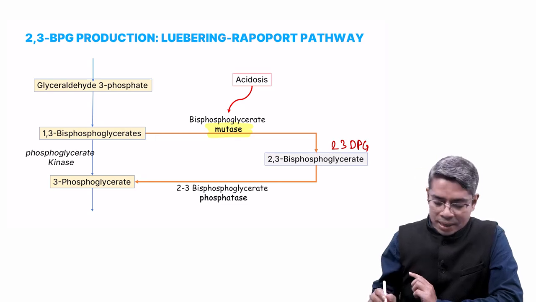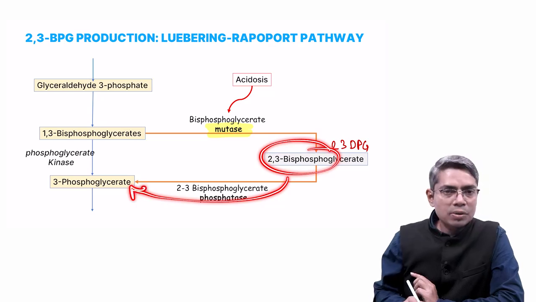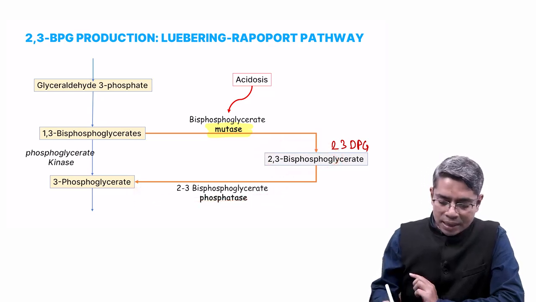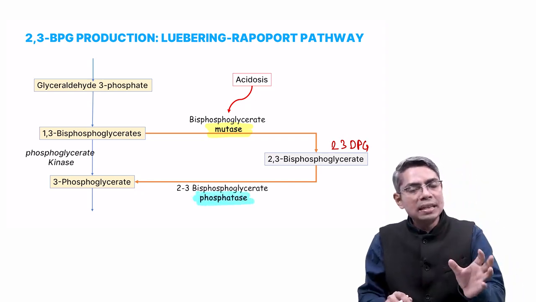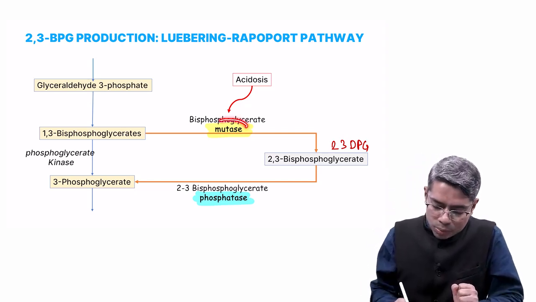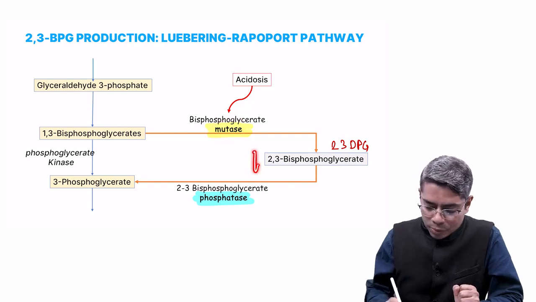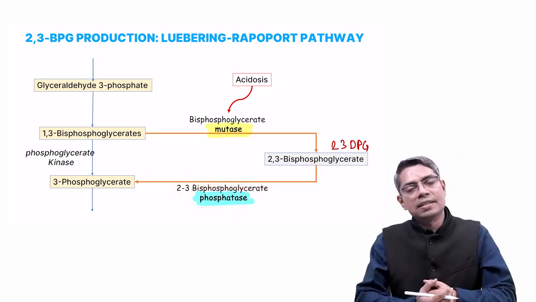Getting my point? Then this 2,3-DPG will be broken down to 3-phosphoglycerate by the phosphatase enzyme. So mutase causes formation of 2,3-DPG inside the RBC. More mutase activation means more production of 2,3-DPG, and more phosphatase means 2,3-DPG will decrease inside the RBC.